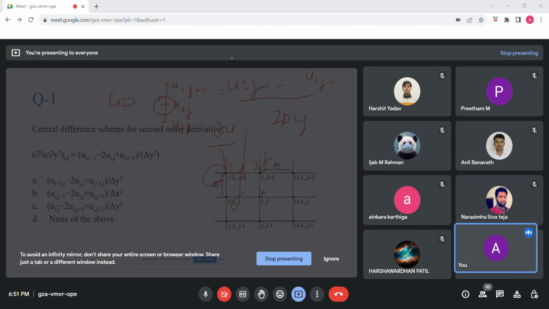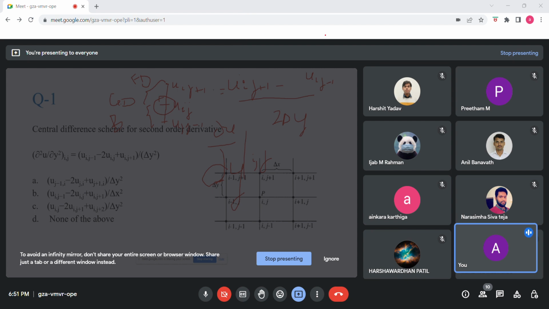If we use these 2 points, it is backward difference, and if you use these two, it is forward difference. When you are using this point and this point to get the central point, this is known as central difference formula.